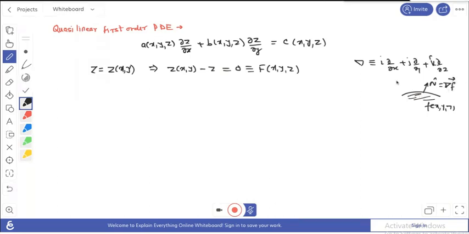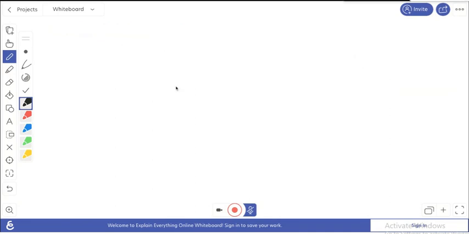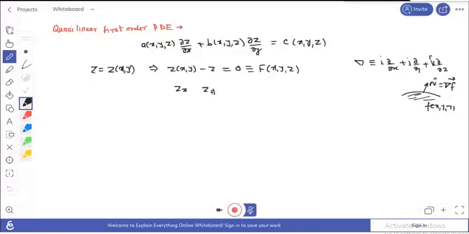Okay, so if we differentiate this with respect to x, this is zx. If we differentiate this with respect to y, this is zy, and if we differentiate with respect to z, this becomes 0 and this is -1.